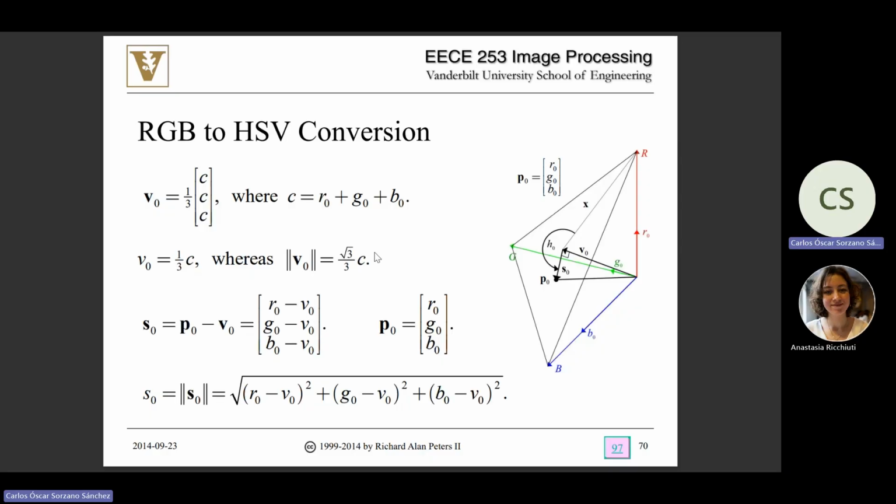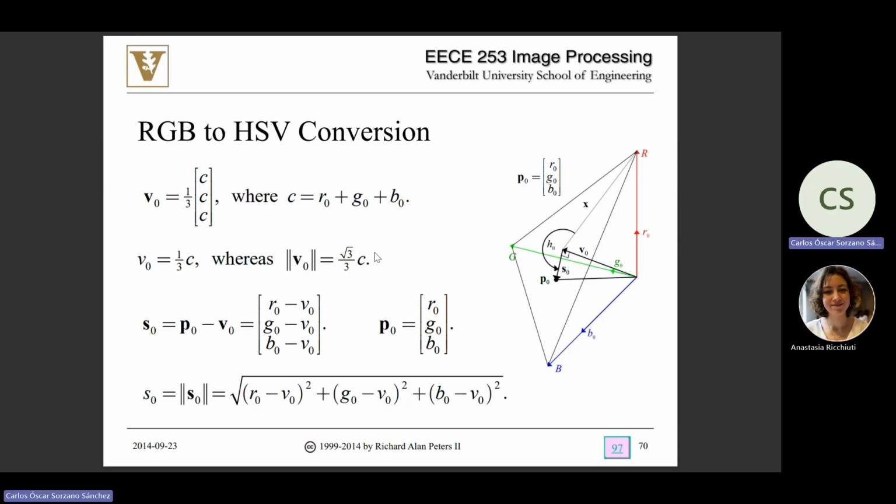This slide is just a repetition of what we had before, but now with some formulas. So we are going from RGB to HSV. You are given this point, RGB0, and we have to compute all these vectors.